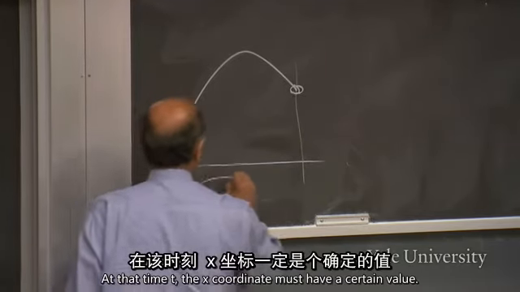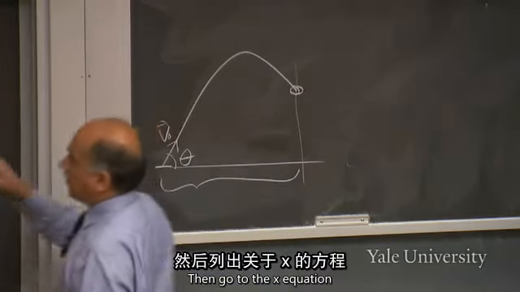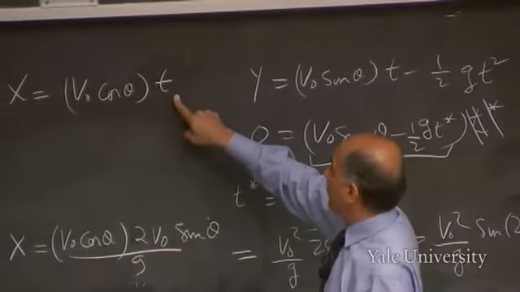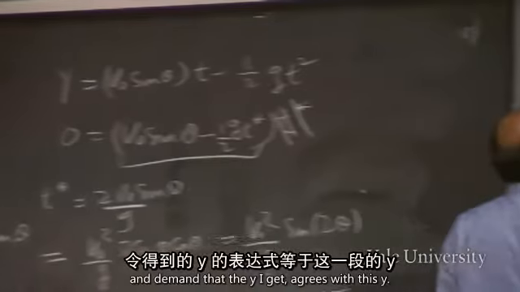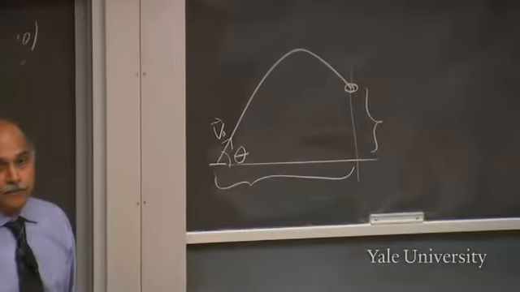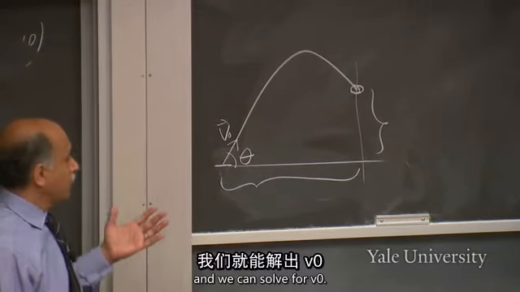At that time t, the x coordinate must have a certain value. So I go to the x equation and demand that this be equal to the desired x value and find the time. I take the time and put it in the y equation and demand that the y I get agree with this y. If you do that, you will find there is one unknown, which is v naught, and you can solve for v naught.